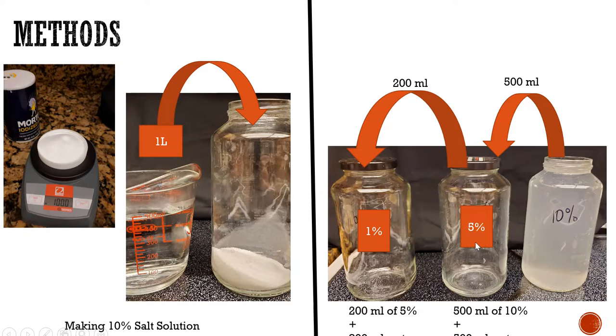Once you mix that very well, you're going to take 200 mL of your 5% solution into your 1% jar and add 800 milliliters of water to make your 1% salt solution. You'll have your jars ready for your experiment. The fourth jar that you need to create is the 0% salt solution. 0% would mean there is no salt, it's just deionized water.